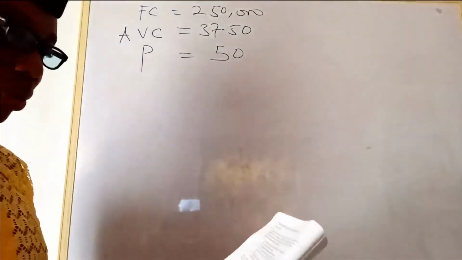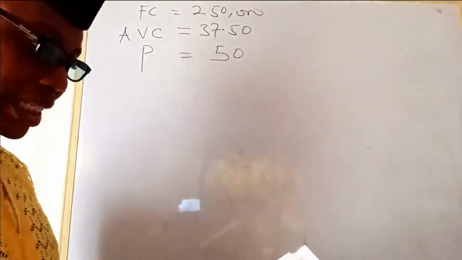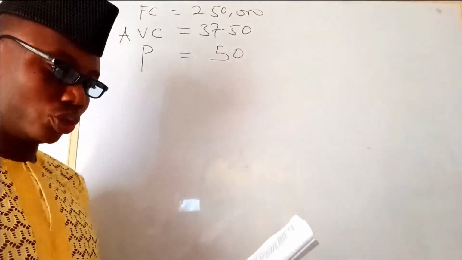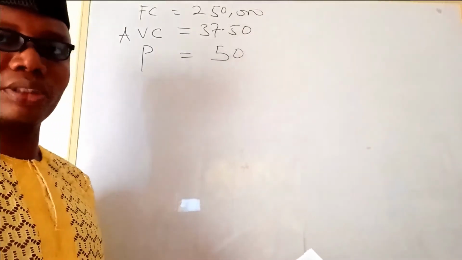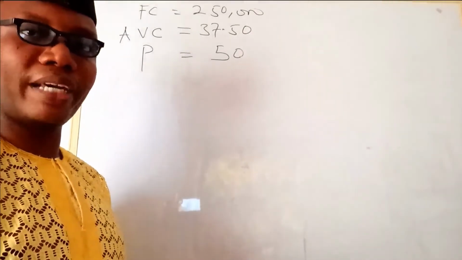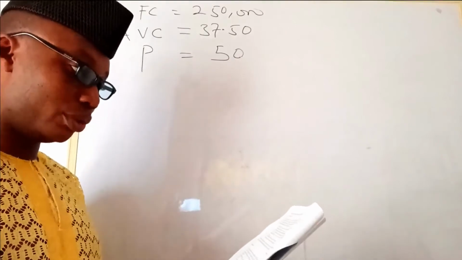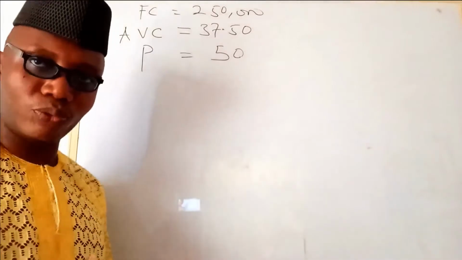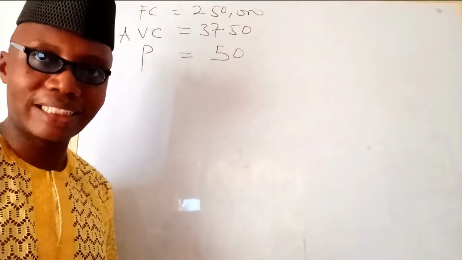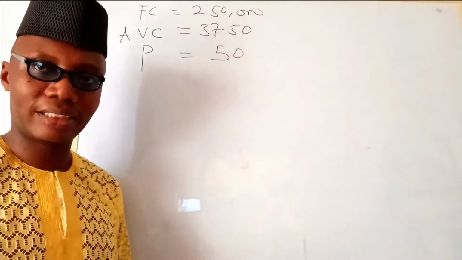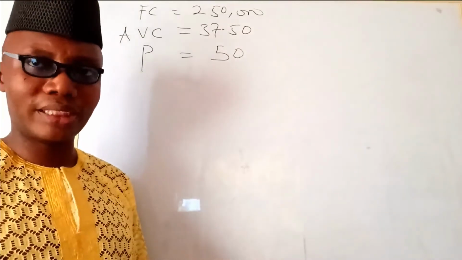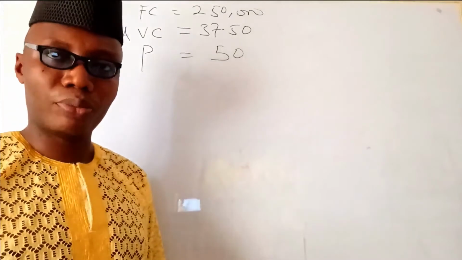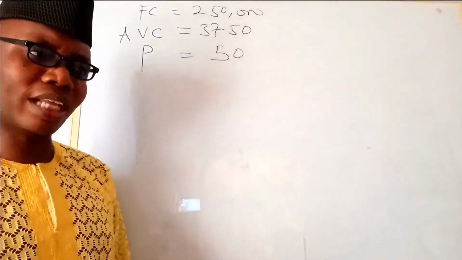Now, here is the question. You are asked to determine the size of lot the firm should produce to avoid losses. This is where we apply our understanding of cost analysis. We are asking for the quantity which this firm will produce whereby they will avoid losses.